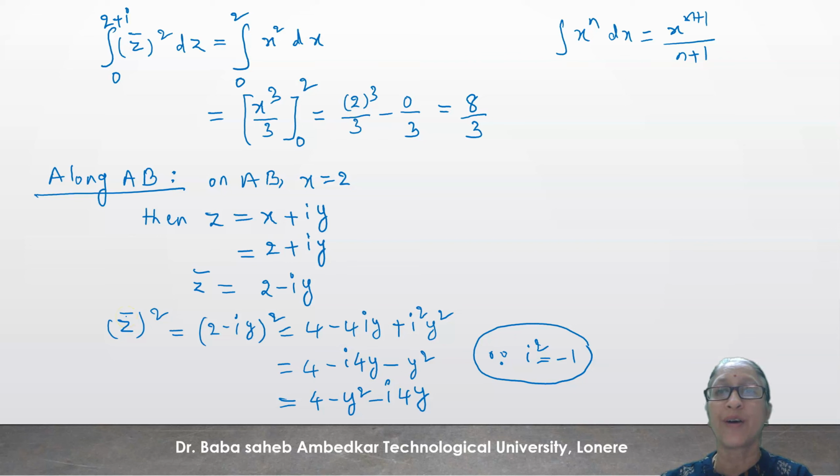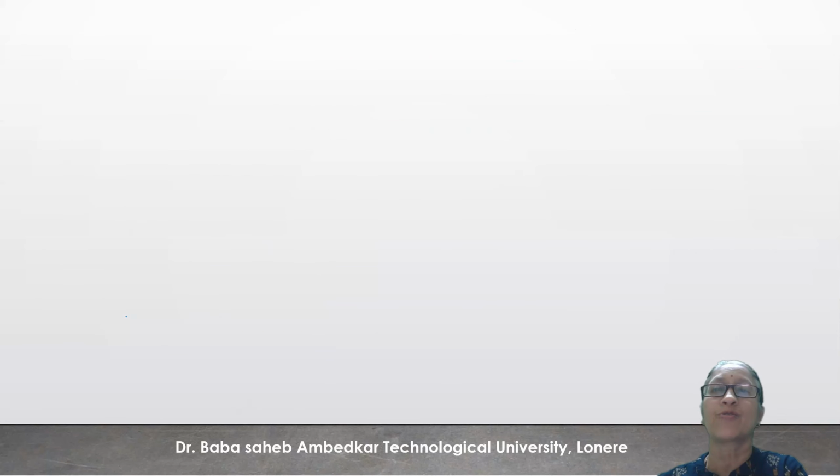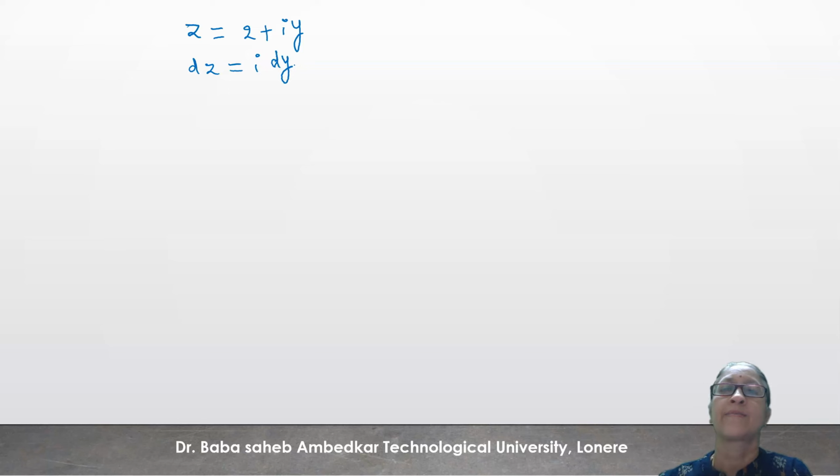Now we have to find dz, right? Again we have to find limits also. So here z equal to 2 plus iy, then dz equal to i dy.